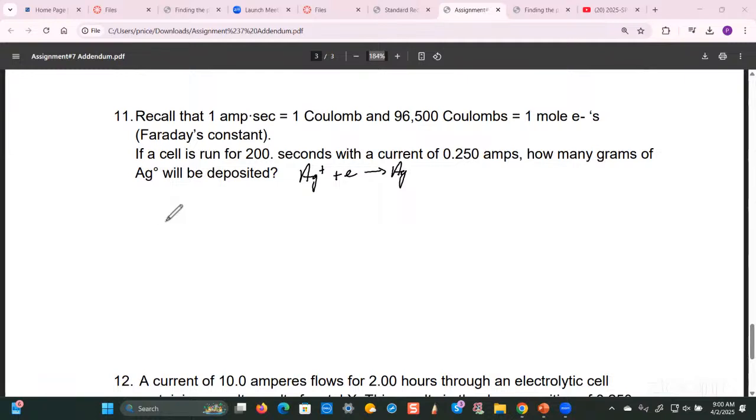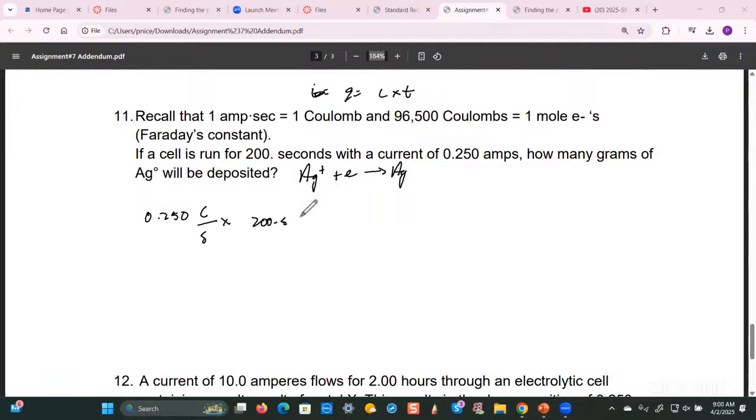So the first thing I would do is take the 0.250 amps, and by the way, amps is the same thing as coulombs per second. So we need to multiply that by the time, which is 200 seconds.